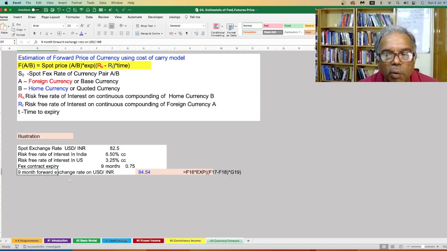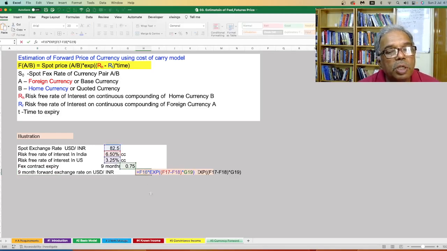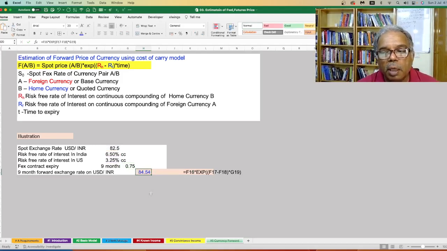The 9-month forward exchange rate using the cost of carry model is nothing but the spot rate, which is 82.5, into exponential the home currency interest rate, 6.5%, minus the US risk-free rate, 3.25%, into the time, which is 9 divided by 12, that is 0.75. So we calculate, and it becomes 84.54, because the dollar shows an appreciation, obviously due to the interest rate differential. So this is using a cost of carry model.